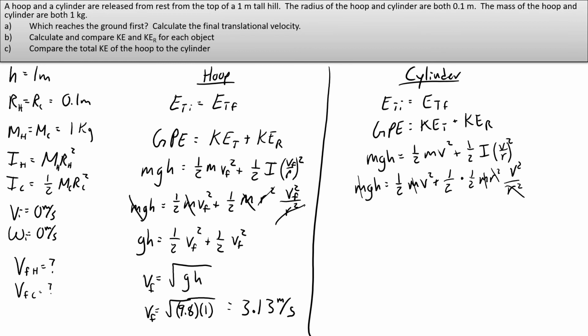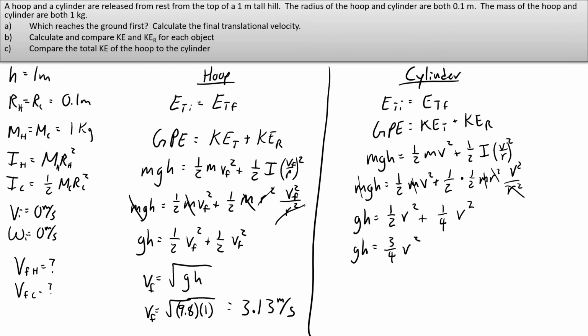What are we left with? gh is equal to 1/2 v squared again, plus 1/2 times 1/2 times v squared. 1/2 times 1/2 is 1/4, and this is v squared. So now it's not going to work out to be 1/2 plus 1/2, that's 1. It's a little bit different because we're talking about a cylinder. 1/2 plus 1/4 is 3/4.